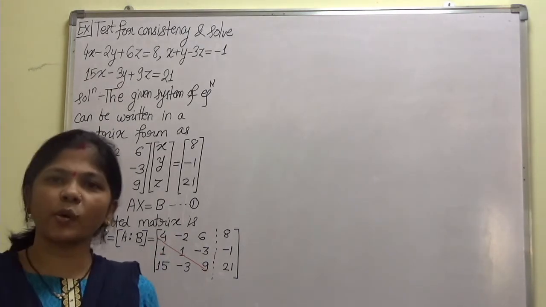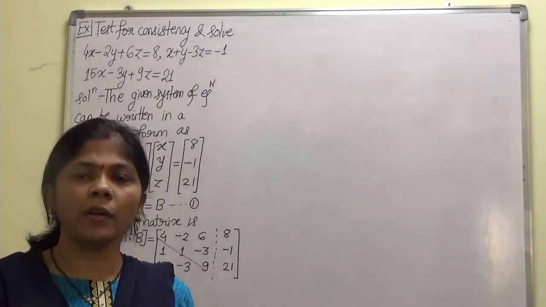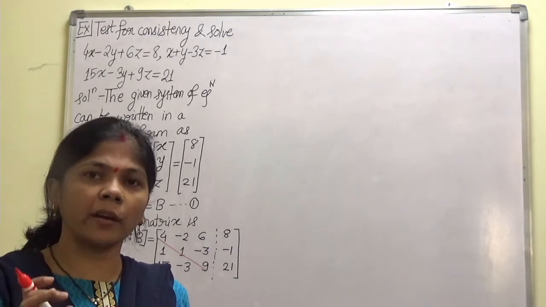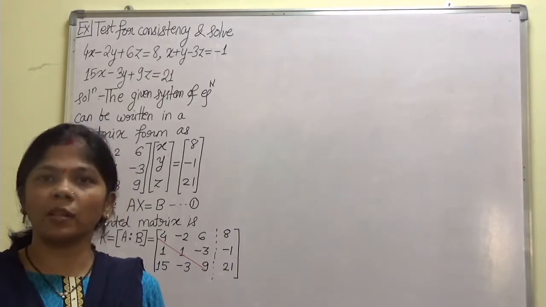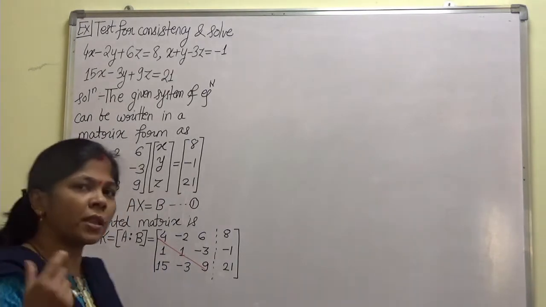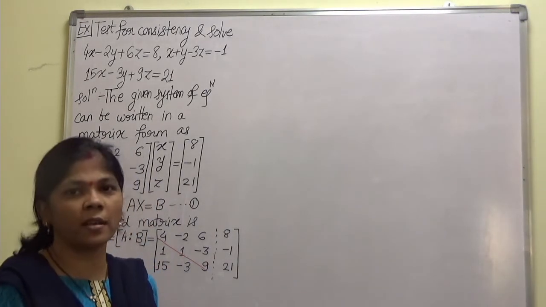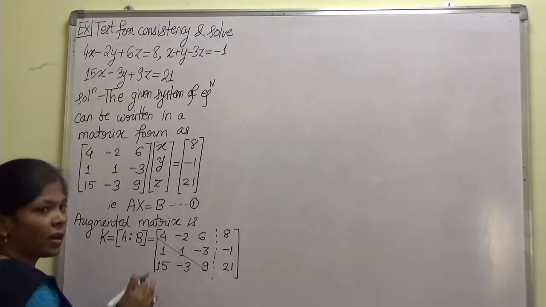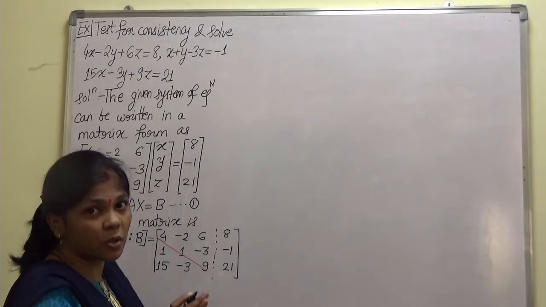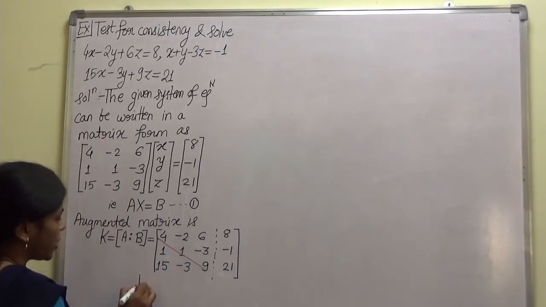As far as possible, try to have the diagonal element as 1. How to get it? Just by interchanging rows. To make the further simplification easier, I am interchanging this with the second row to have the diagonal element as 1. This step is optional. So I am interchanging R1 with R2.